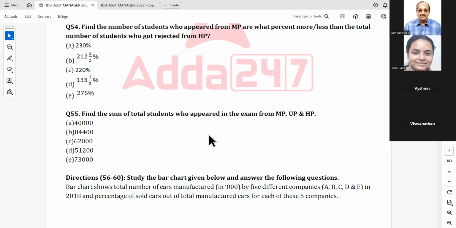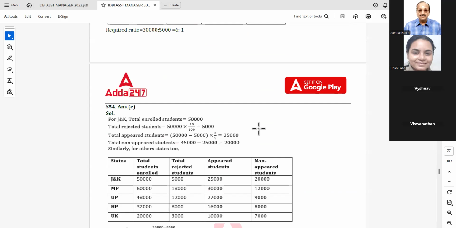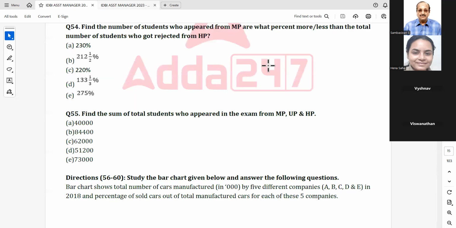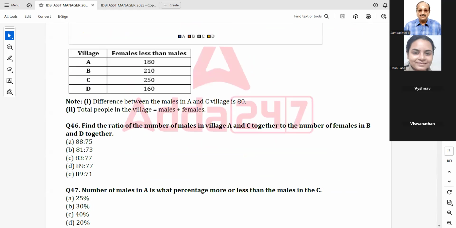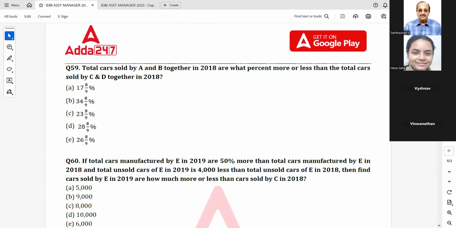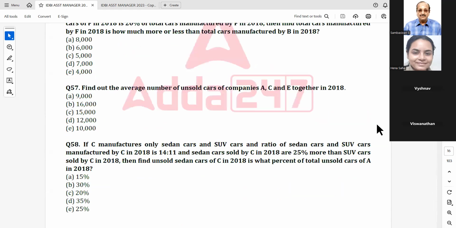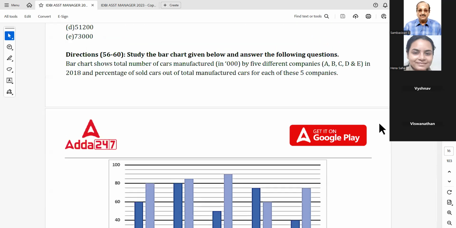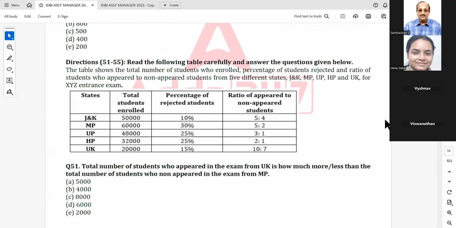Sir, can you show that page? There is nothing in that. You have to work it out again from that. If you have made a table, it will be easy for you. Now I will show the figure. See, this is what it is.